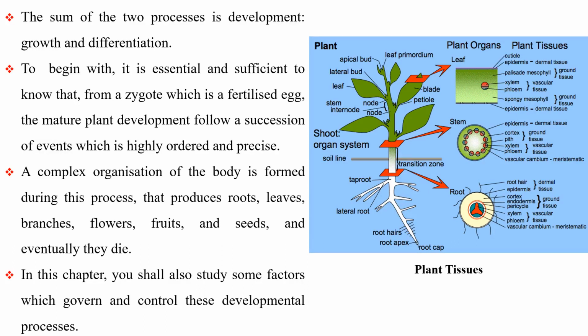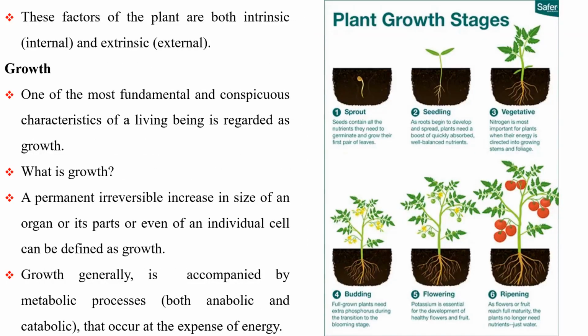A complex organization of the body is formed during this process that produces roots, leaves, branches, flowers, fruits, and seeds, and eventually they die. In this chapter, you will also study some factors which govern and control these developmental processes. These factors of the plant are both intrinsic and extrinsic.